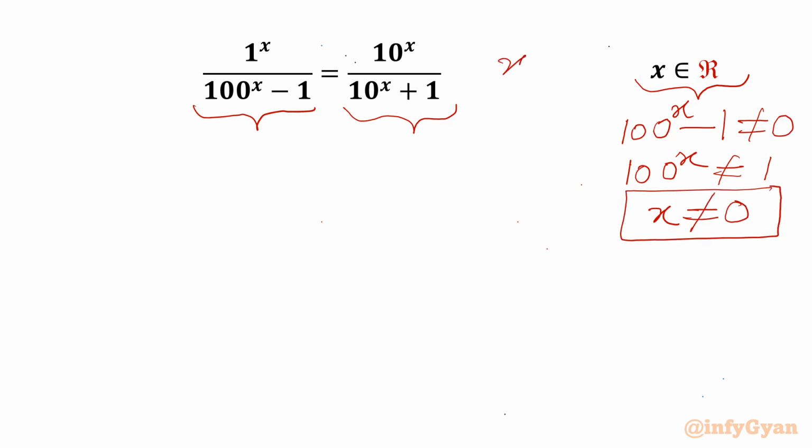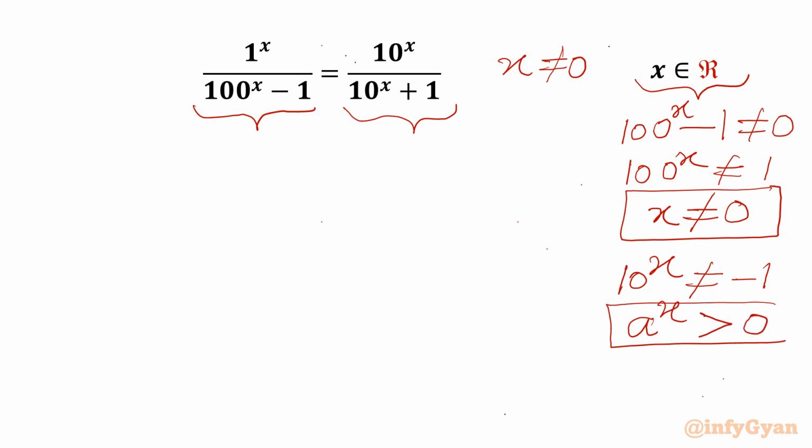Let me write here x cannot be 0. And the second denominator, 10 power x, cannot be equal to negative 1. As we know, a power x will always be greater than 0 for real x, so it is not possible. So I will not consider x equal to 0 as a solution.